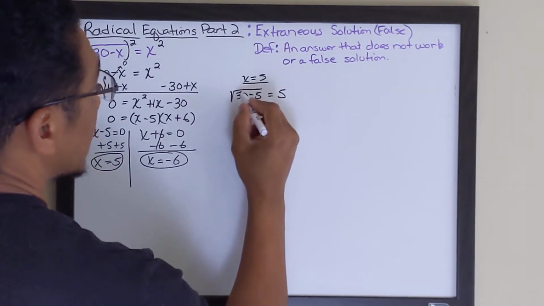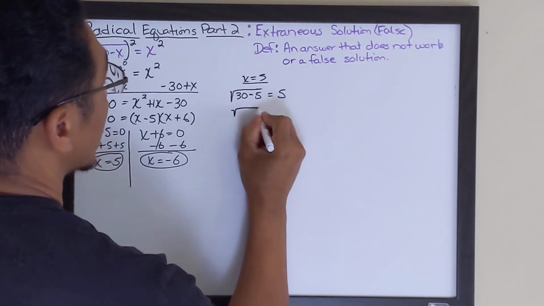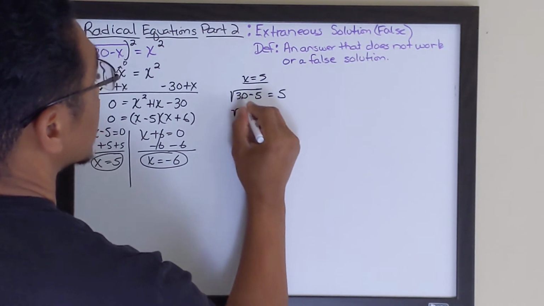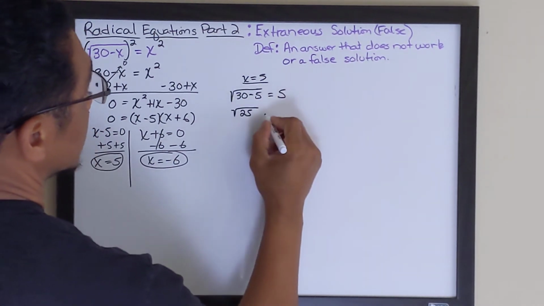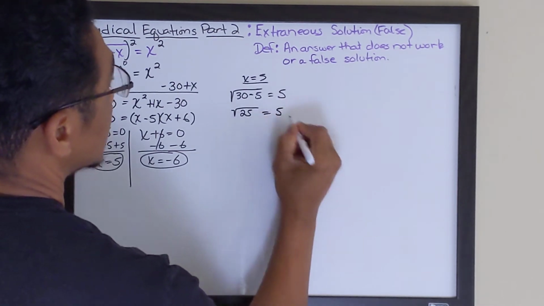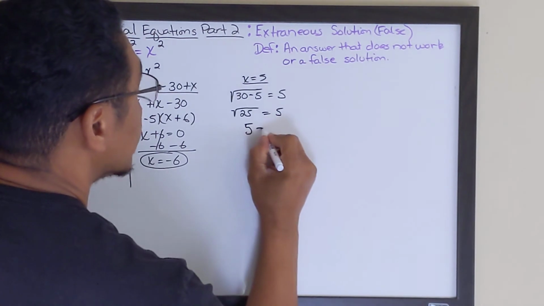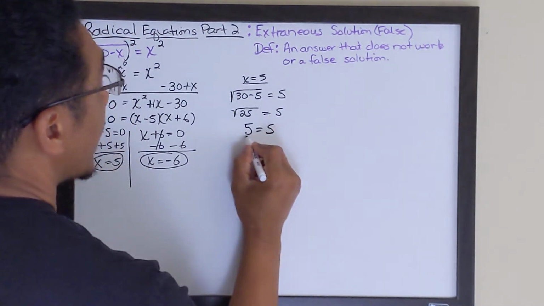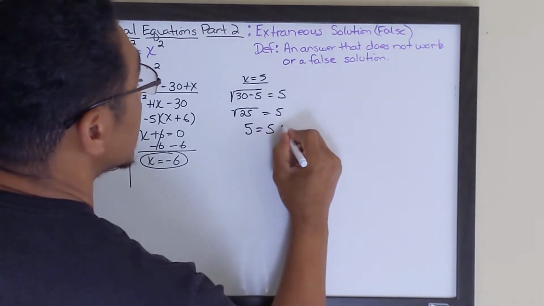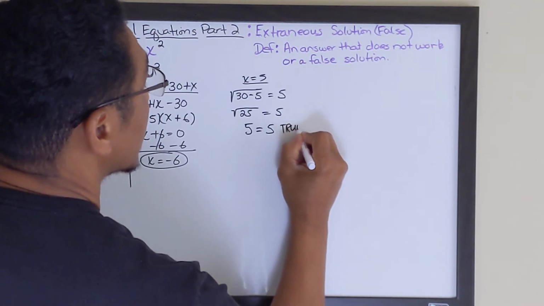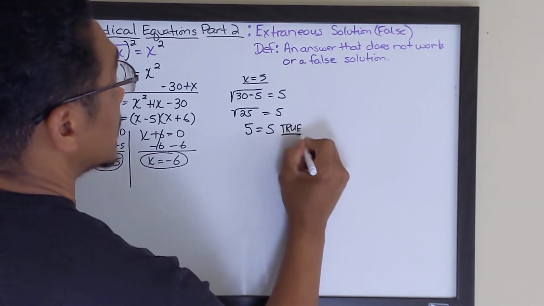On this side, I'm going to get the square root of 25, because 30 minus 5 is just 25. And on this side it's still 5. What's the square root of 25? Well, it is 5. So 5 equals 5. This is a true statement.